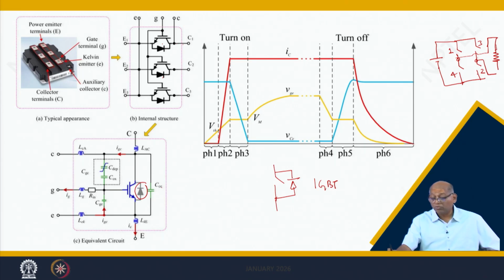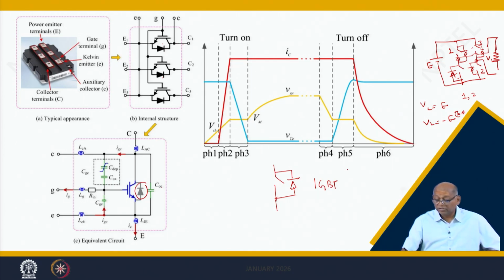Suppose you switch on 1 and 2 IGBT, the voltage across this load VL, if this is E, then VL will become E. They are all connected with anti-parallel diodes. So, this is 1 and 2. Similarly, if you switch on 3 and 4, VL will become minus E. This is 3 and 4, this and this. So, this voltage is connected here, this voltage is connected here.